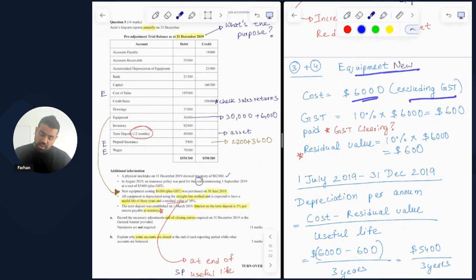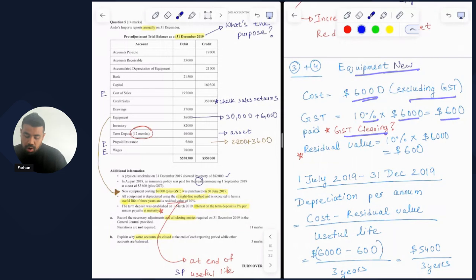So the GST that we would have paid on this purchase is 10% multiplied by $6,000, which is $600, right? So where should we report this GST payment of $600 within the GST clearing account? We report this on the debit side because this reduces the obligation or the liability that we have with the ATO.